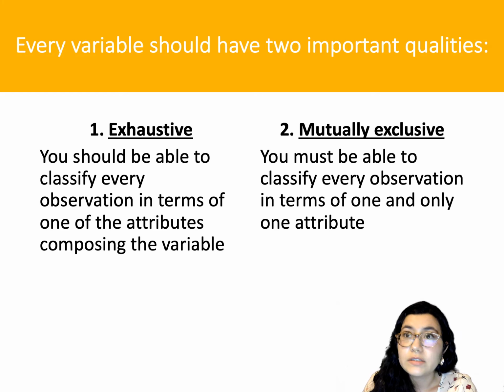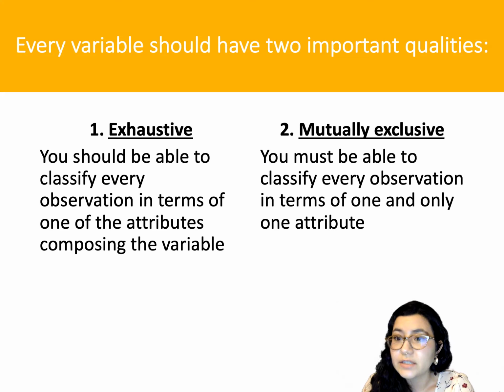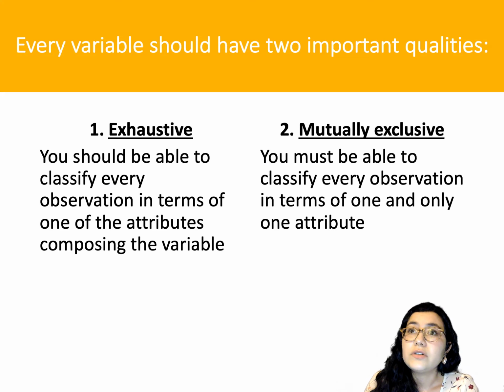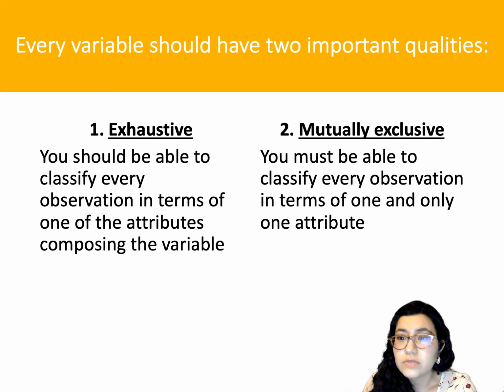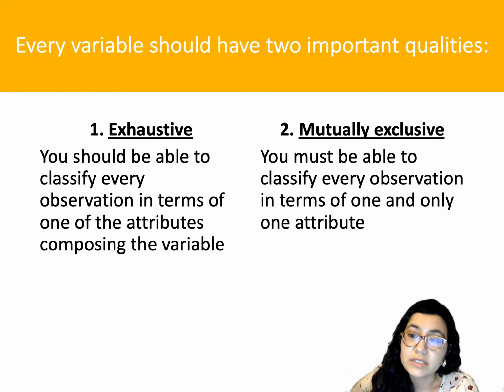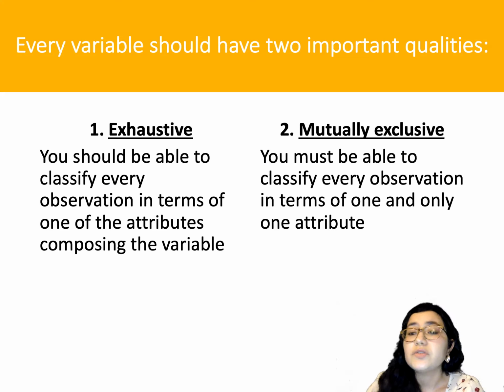So, for example, if you are dealing with, let's say, gender, and you just do male and female, but maybe you have people who consider themselves non-binary or who are not really wanting to categorize themselves in that way, then you would need to adjust and be exhaustive. And mutually exclusive means that you can't have multiple attributes for one variable.